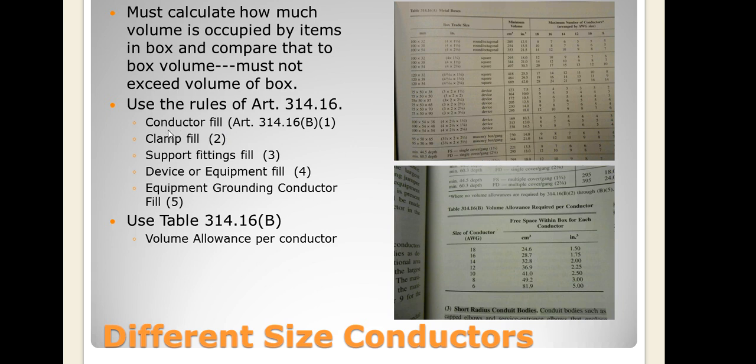Each of the conductors and items in the box have certain rules that are counted to calculate the total volume that's being occupied. So we will go over those in this demonstration here. But primarily, it's this table right here, 314.16(A), and this table, 314.16(B).